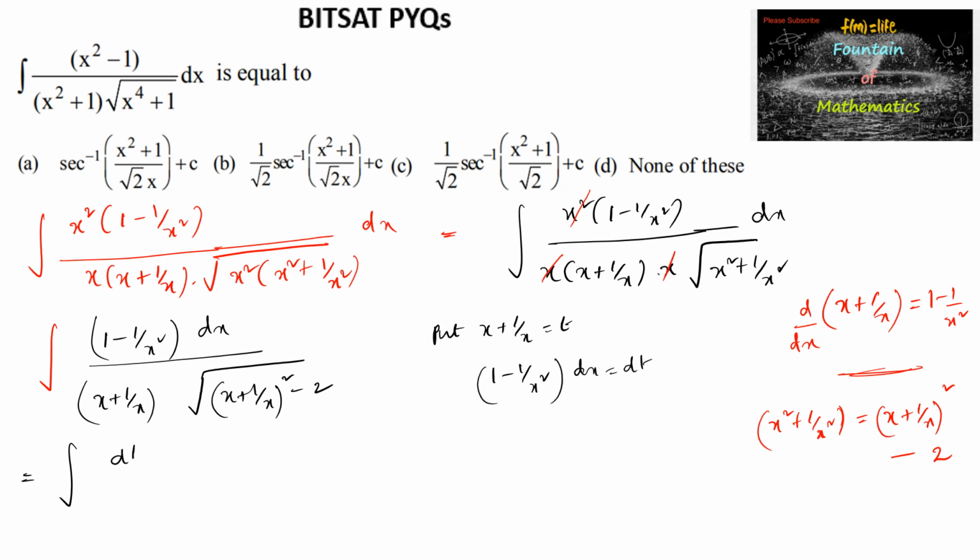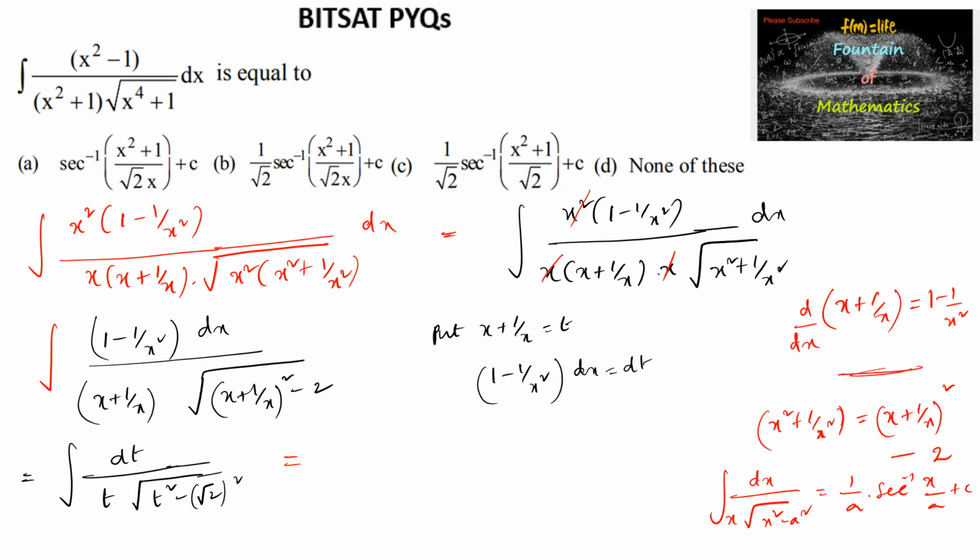So we get dt upon t into under root of t square minus 2, we can write it as root 2 whole square. And we know that integral dx upon x root of x square minus a square is equal to 1 upon a secant inverse of x upon a plus c.